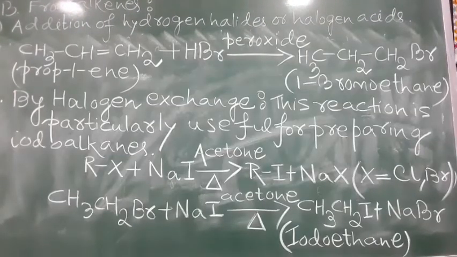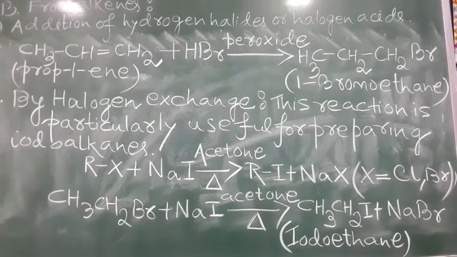So you can see, students, propene, when added to HBr in presence of peroxide, Markovnikov's product is not obtained. However, anti-Markovnikov's product is obtained, that is 1-bromopropane.